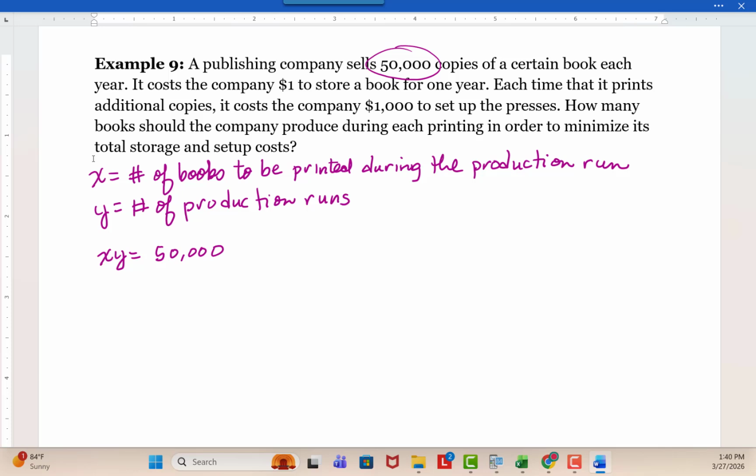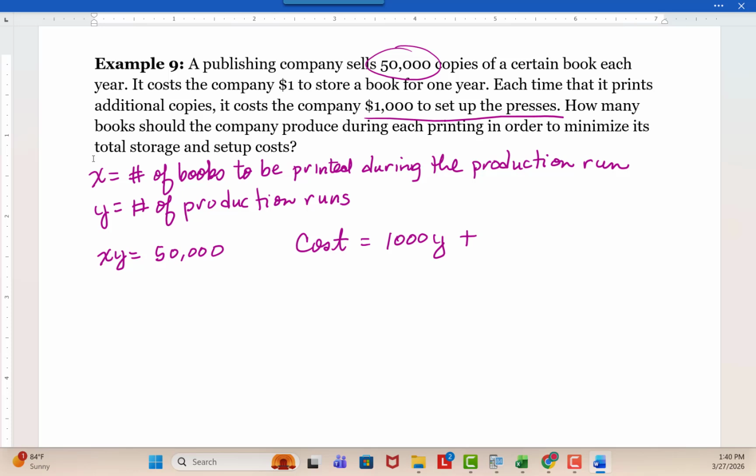Now we're ready to start looking at our cost. We've got cost based on what it costs us to set up the presses, basically for each production run. So our cost is going to be 1,000 times y, plus we have to look at the number of books that we're storing.